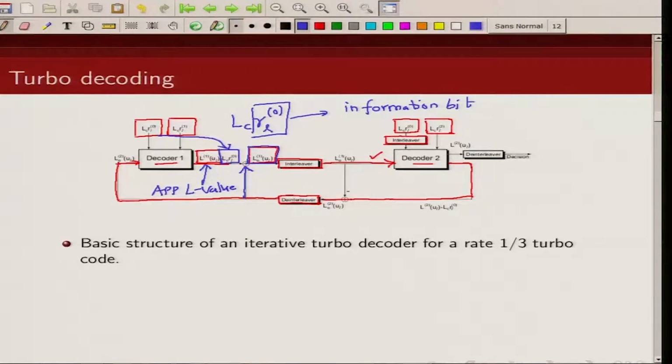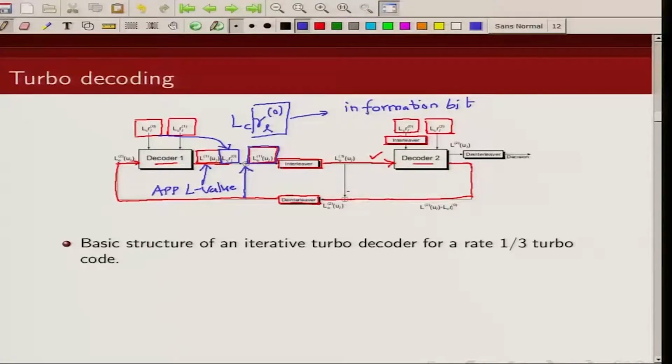You can think of it as some additional information about the information bits that has been derived from the structure of the convolutional encoder. And how am I computing this extrinsic information? From the APP L value, I am subtracting the contribution of the received channel bit and the contribution of the a priori value.